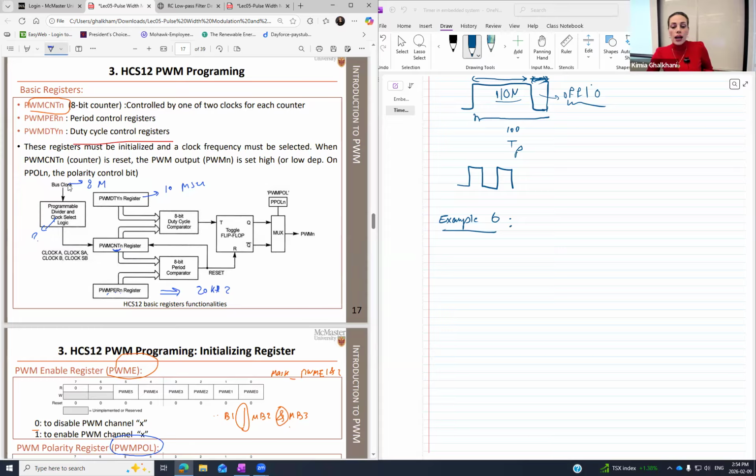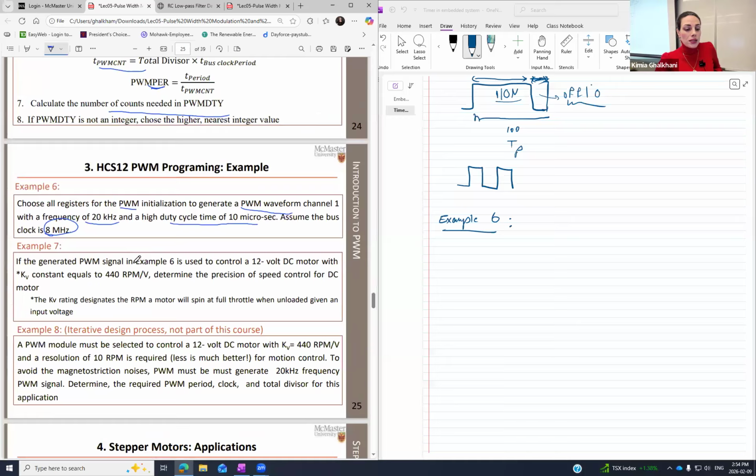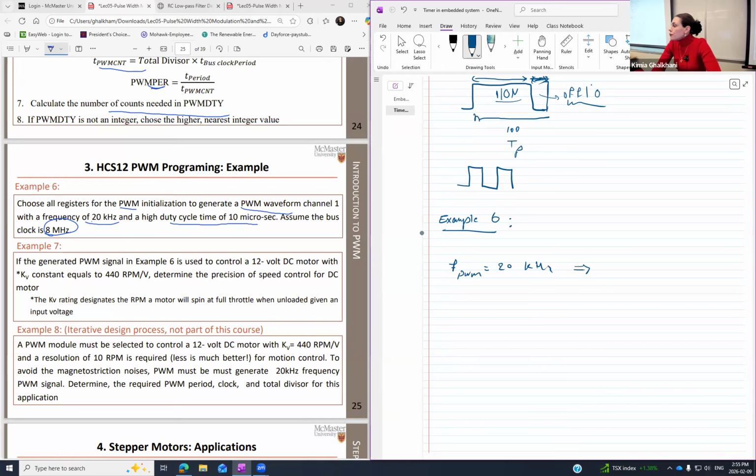So let's do it now. And remember, the output is always just a PWM waveform. Based on this, let's go do it step by step with some mathematical calculation. So I'm going to consider the PWM frequency, which I'm going to call f PWM. It's going to be 20 kilohertz from the question. If I have only this one, I do have enough information to go ahead and calculate T period.